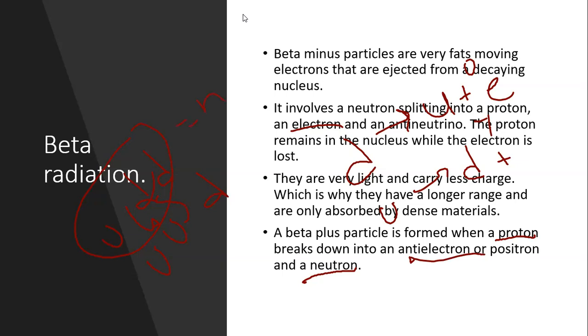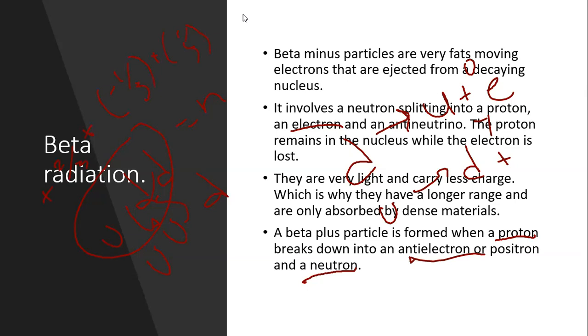And one more interesting thing, this is the composition of a neutron, right? Up, down, down. So what was the charge on the up quark, if anybody remembers? It was plus 2 upon 3, right? And what was the charge on the down quark? Minus 1 upon 3. So go ahead, do this. Plus 2 upon 3 minus 1 upon 3 minus 1 upon 3.